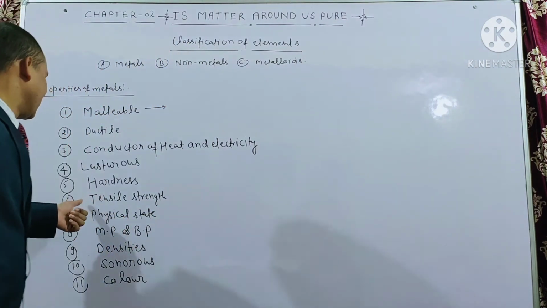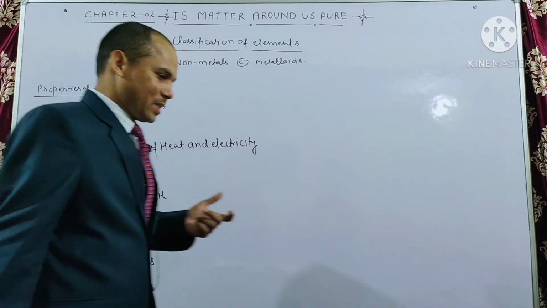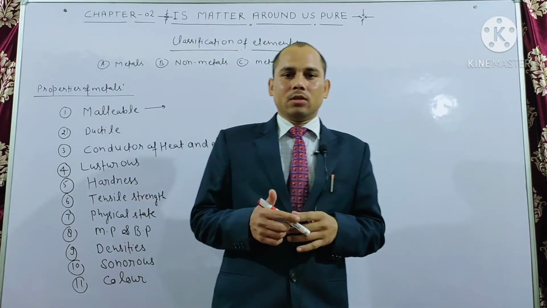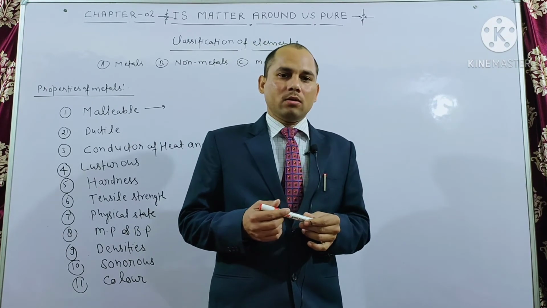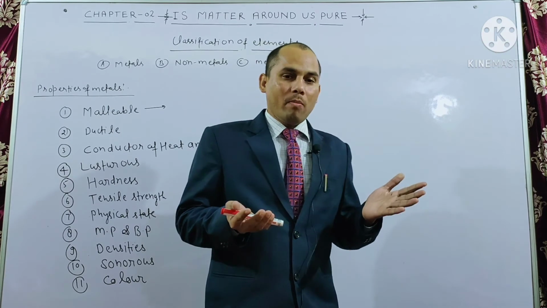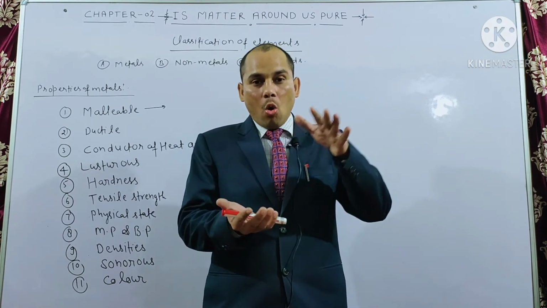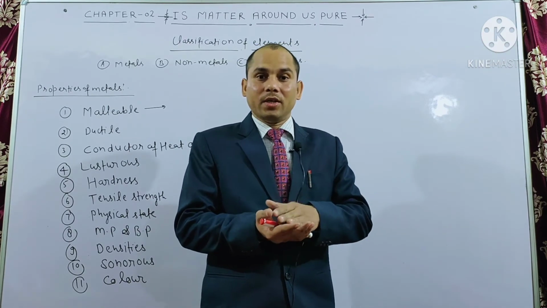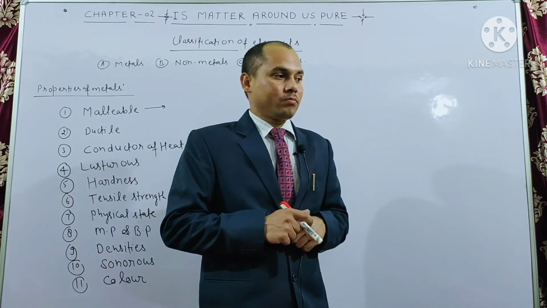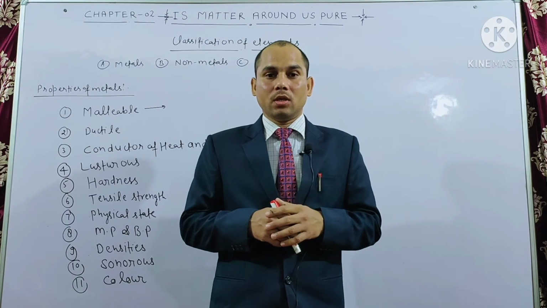Next one is tensile strength. You know what tensile strength is? Tensile strength means the power of metals according to which they can hold weight. That's why metals are used for making bridges, right?